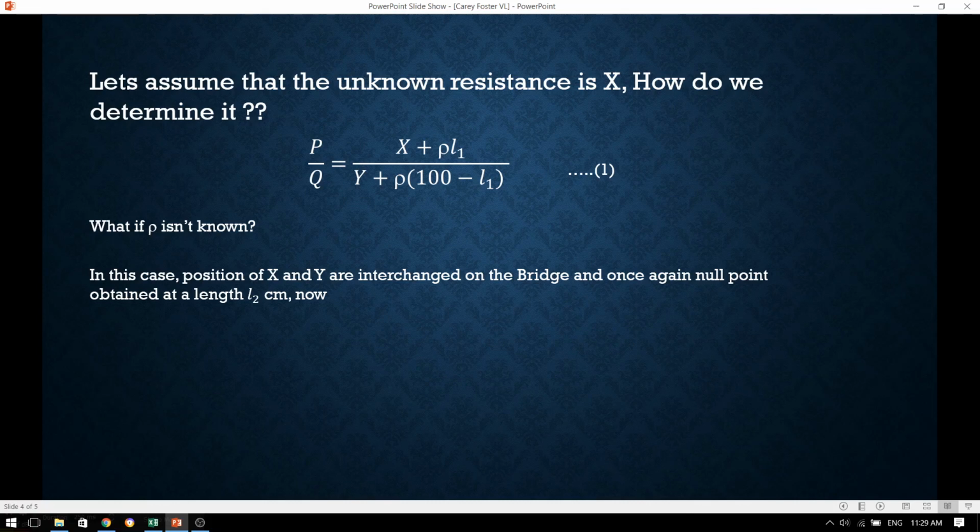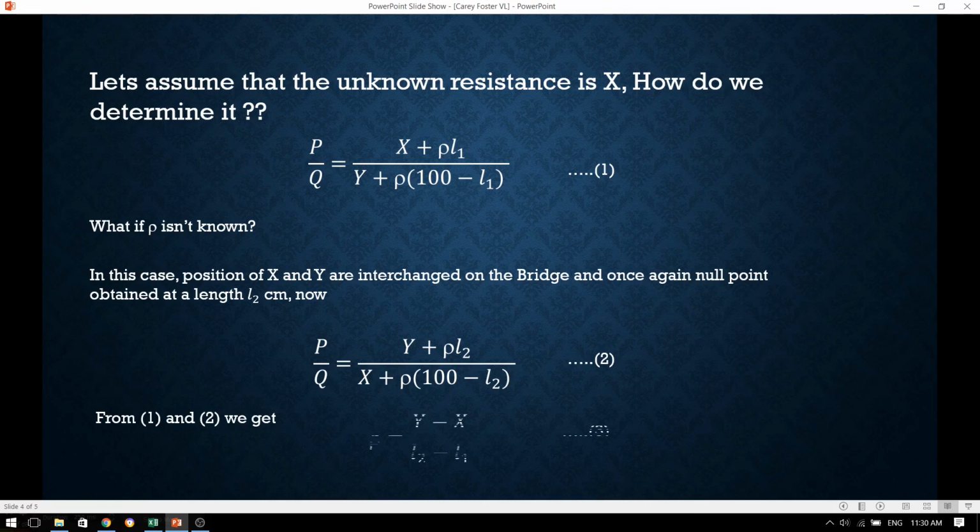If the null point now comes at L2, what will the equation look like? It will look like P by Q is equal to Y plus rho into L2 by X plus rho into 100 minus L2, analogous to equation number 1. Now we have equation number 2. Using these two equations, we can very easily get the value of rho, which is equal to Y minus X by L2 minus L1.